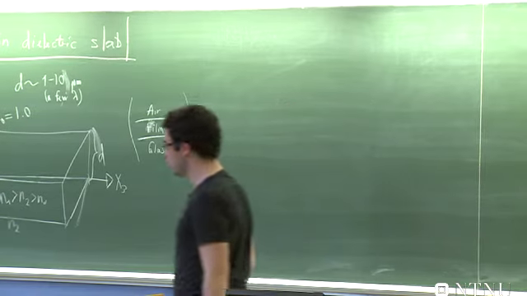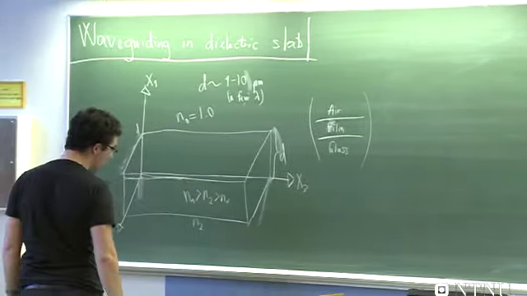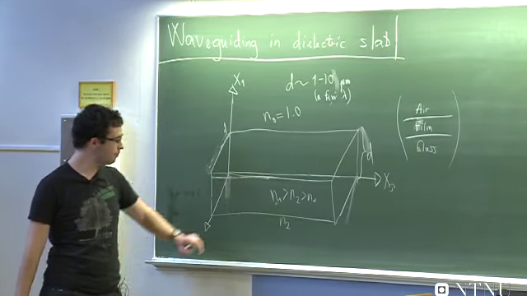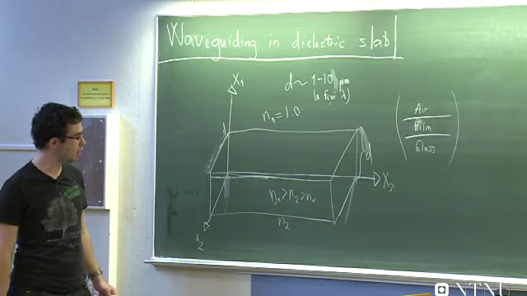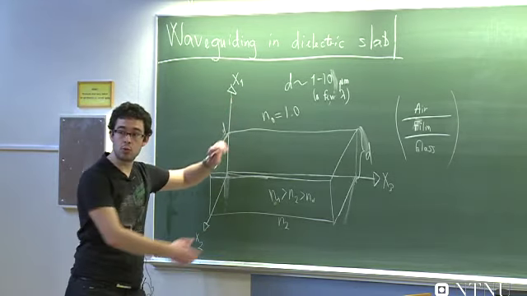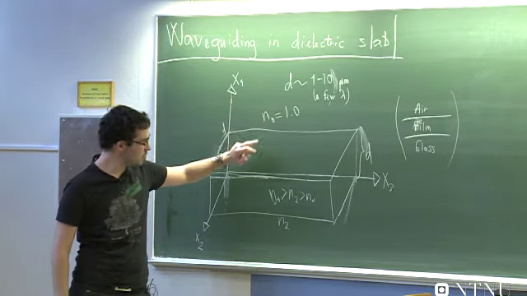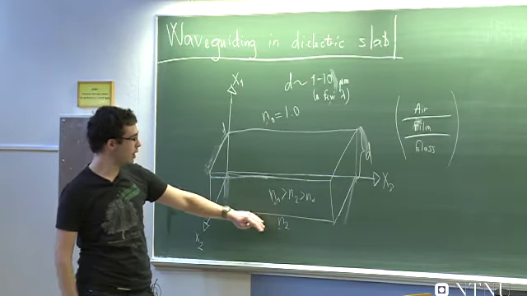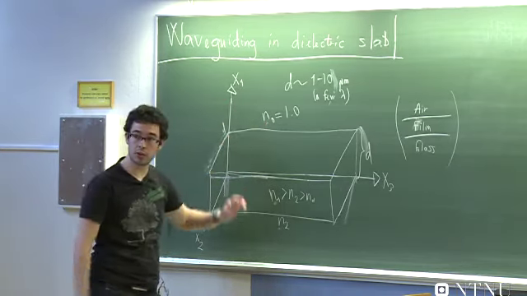The system that we were discussing was this dielectric slab, which is basically a dielectric with a high index of refraction, N1. And it's sandwiched between two other media of lower indices of refraction, N0 and N2. In principle, you could have air on both sides or glass on both sides or whatever.